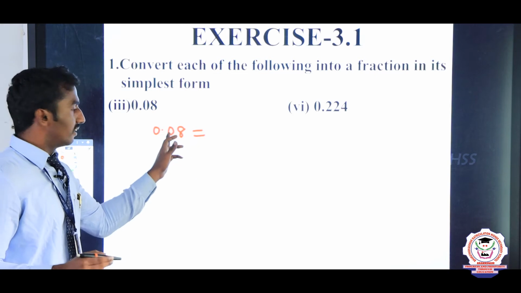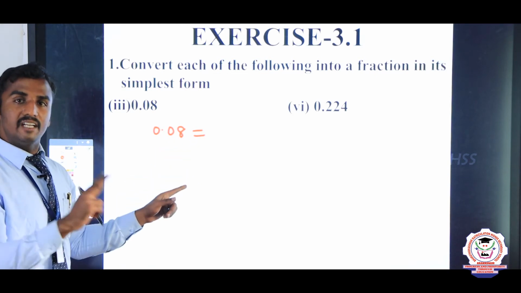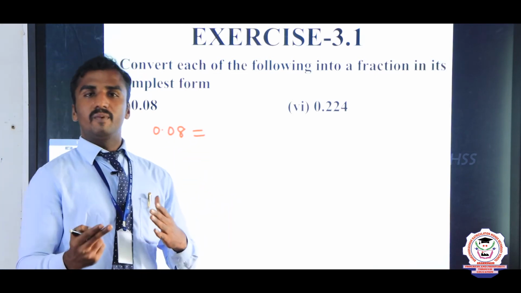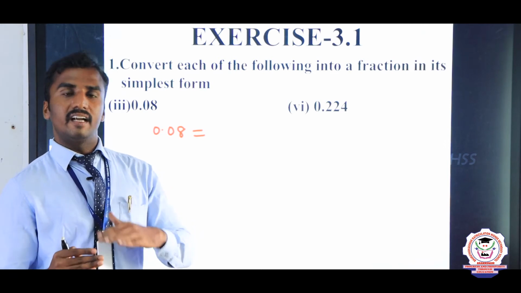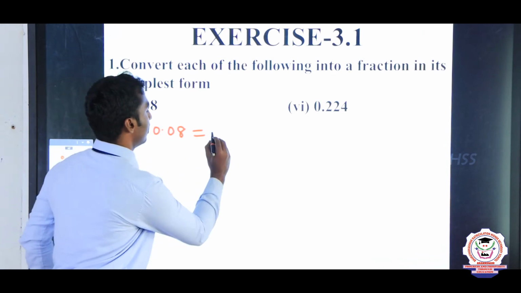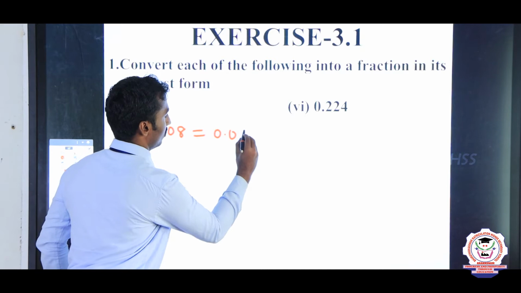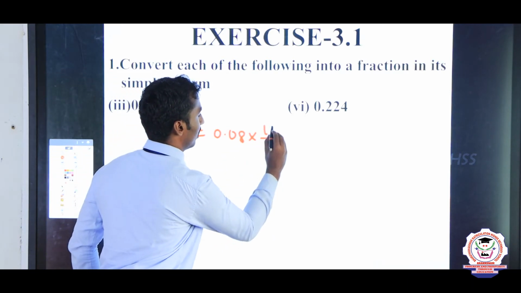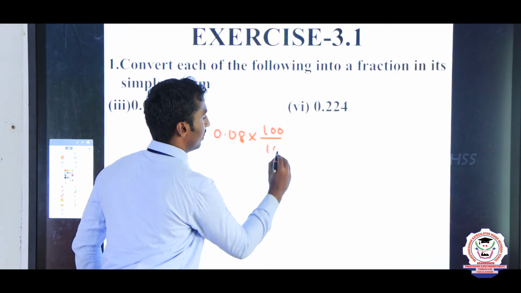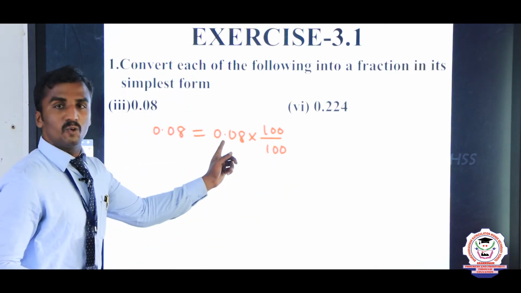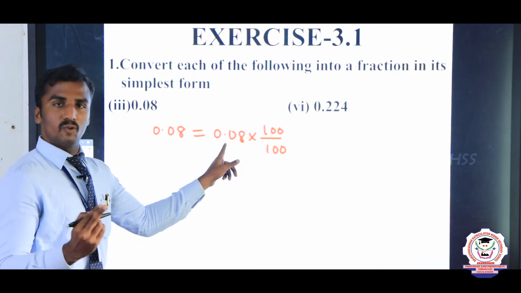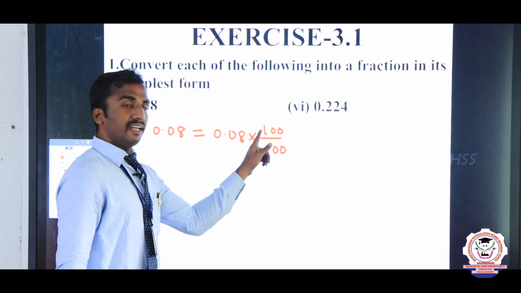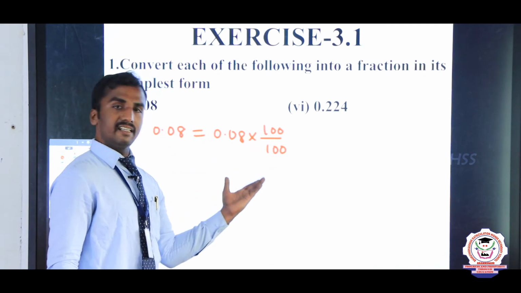There are 2 digits, so we multiply both numerator and denominator by 100.